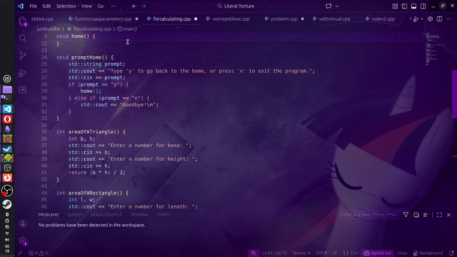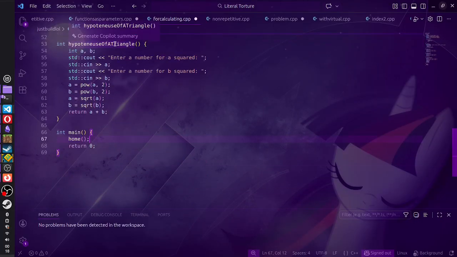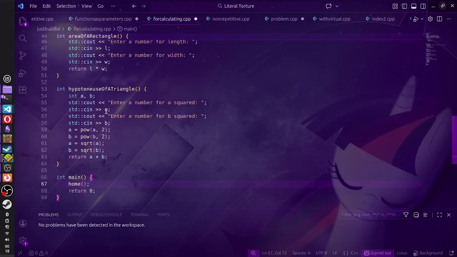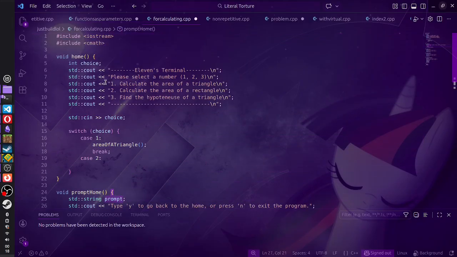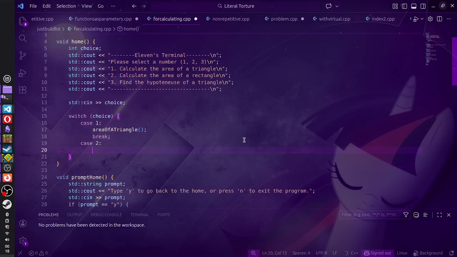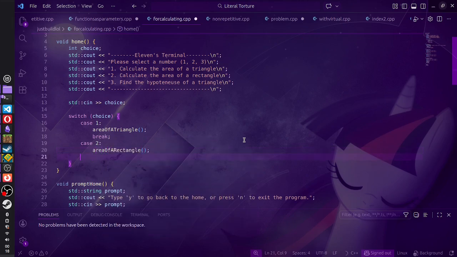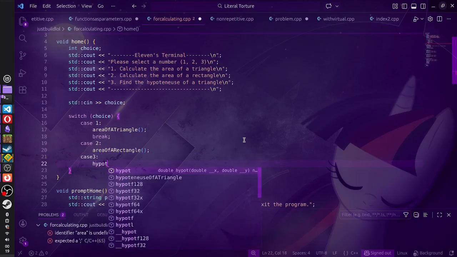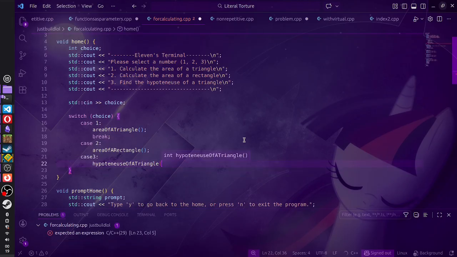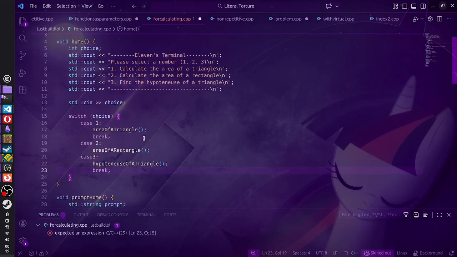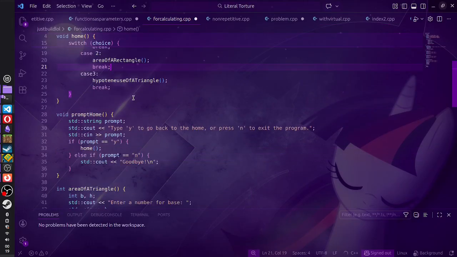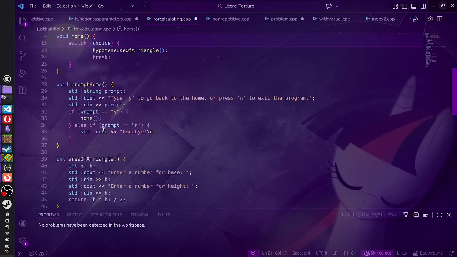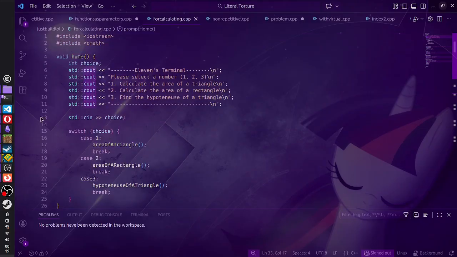I don't think my code is supposed to be this complicated. Case 2. Perfect.